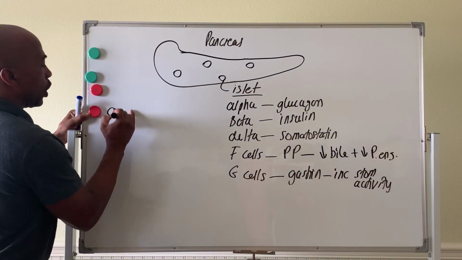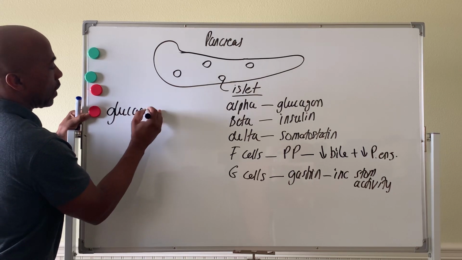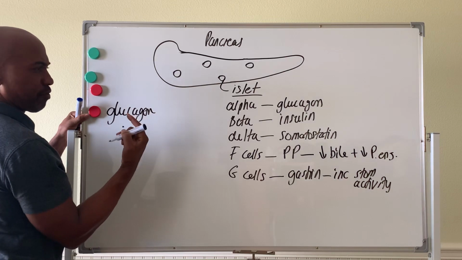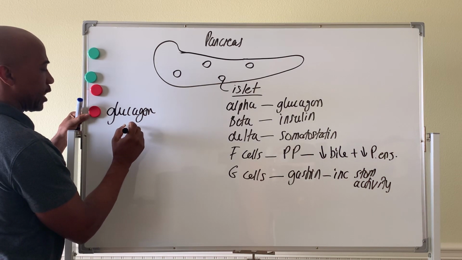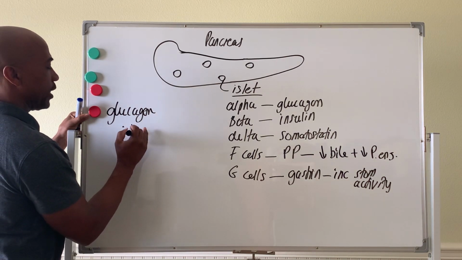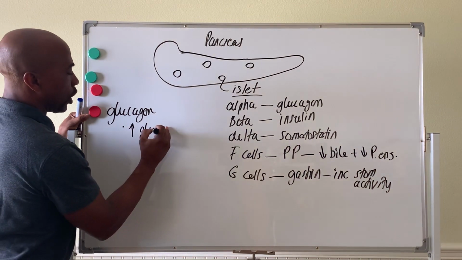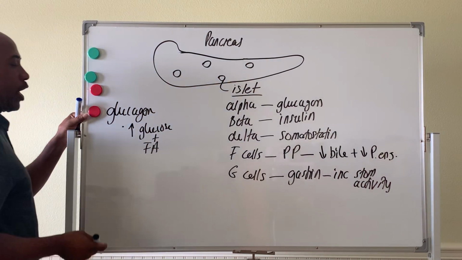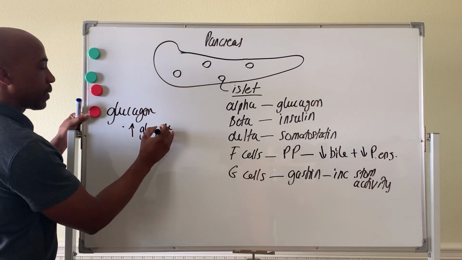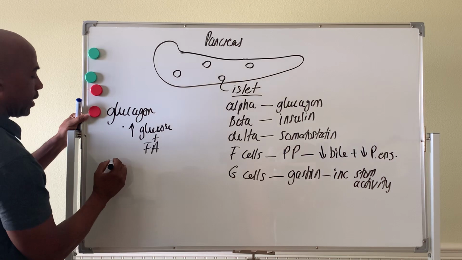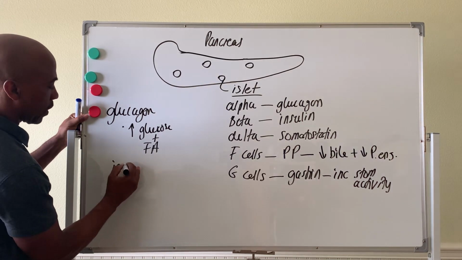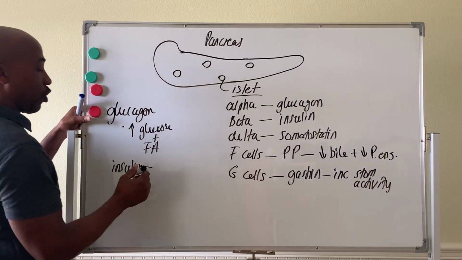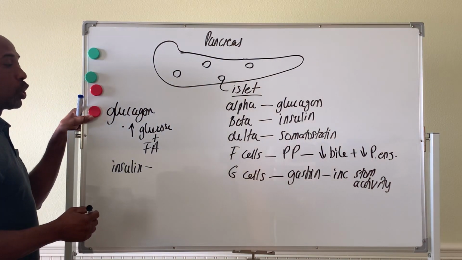Your glucagon, as I think I mentioned before somewhere in this PowerPoint, has the job of increasing levels of glucose and fatty acids. That way you have energy substrates available to you to make ATP as needed. Insulin's job is to promote your cells to absorb glucose from the blood.